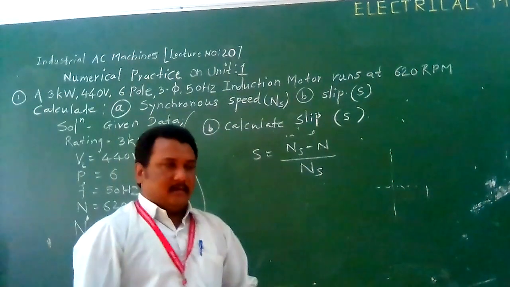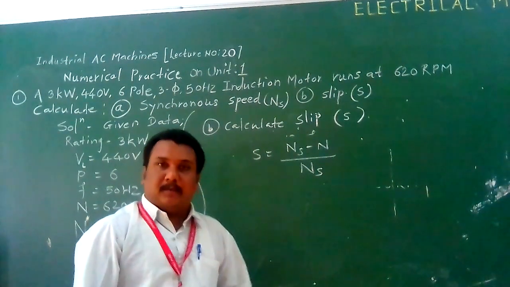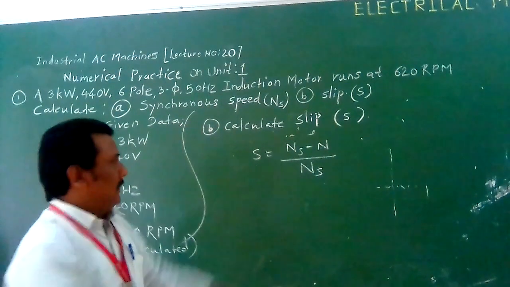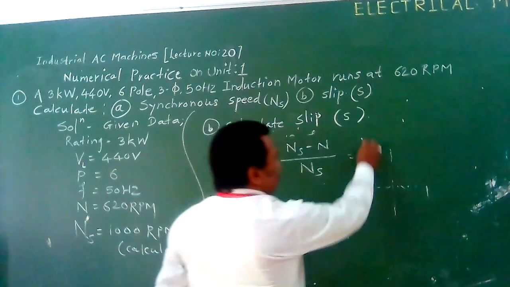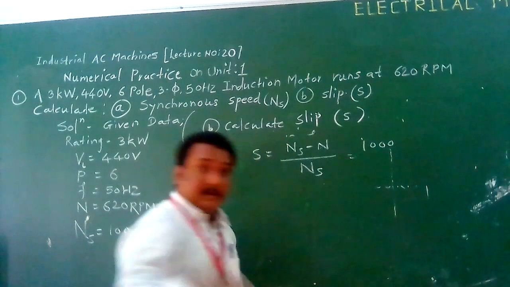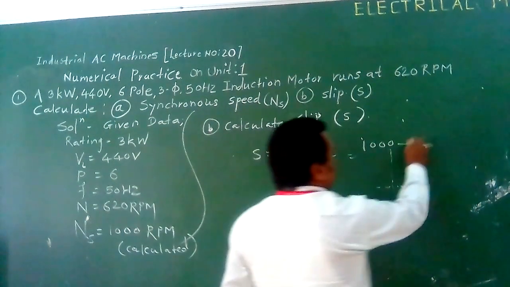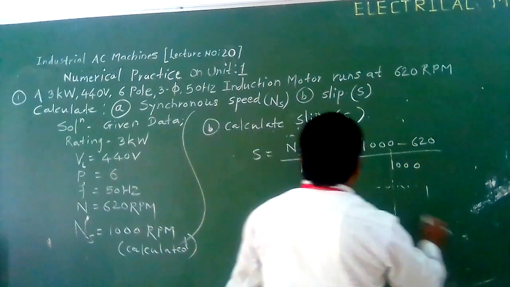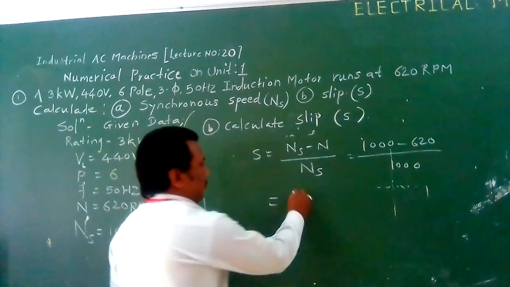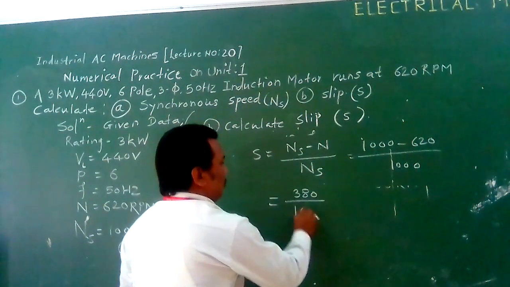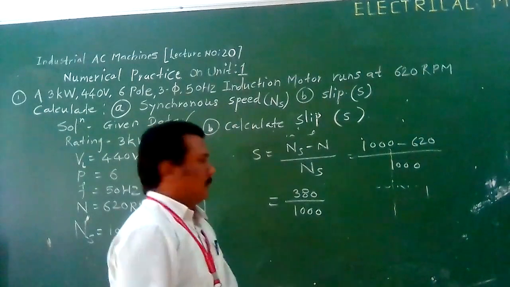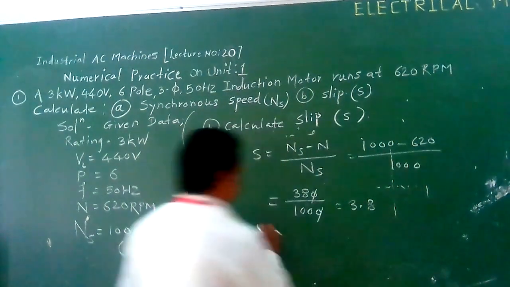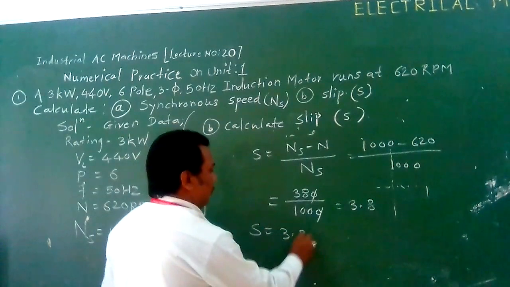In the numerical, we are asked only for slip, not percentage slip, so we may not calculate in percentage. So ns is 1000 rpm, previously calculated, minus n is 620 rpm, divided by ns. So here 380 divided by 1000, that is 0.38. So slip is 0.38.